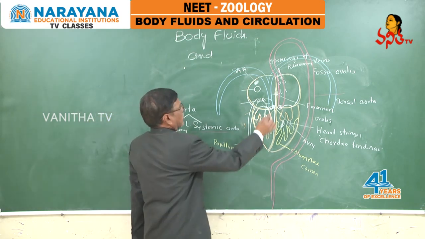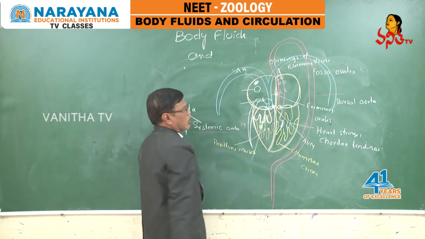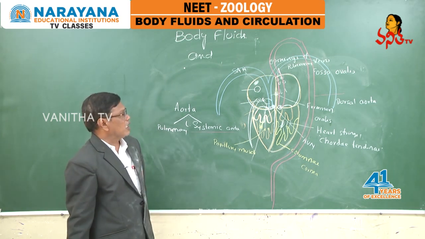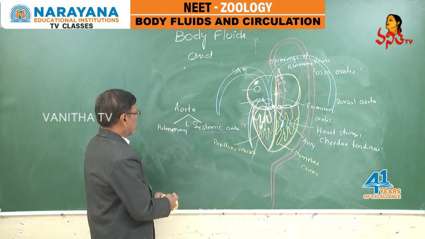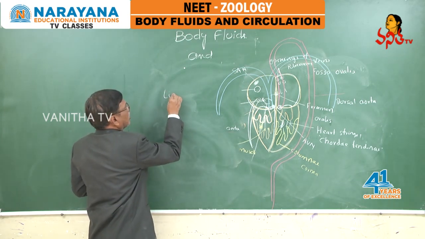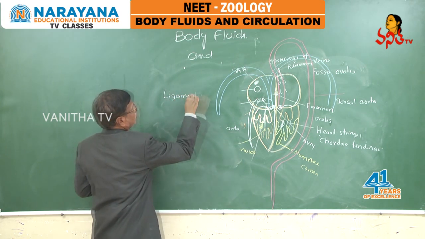Then the last point: at the point where the systemic aorta and pulmonary aorta come in contact, both are connected by a tissue called ligamentum arteriosum.